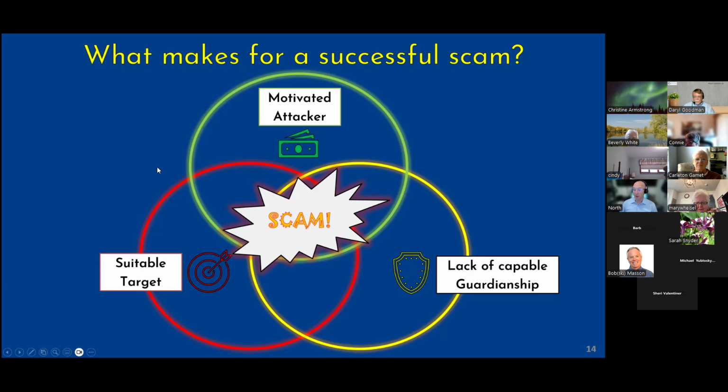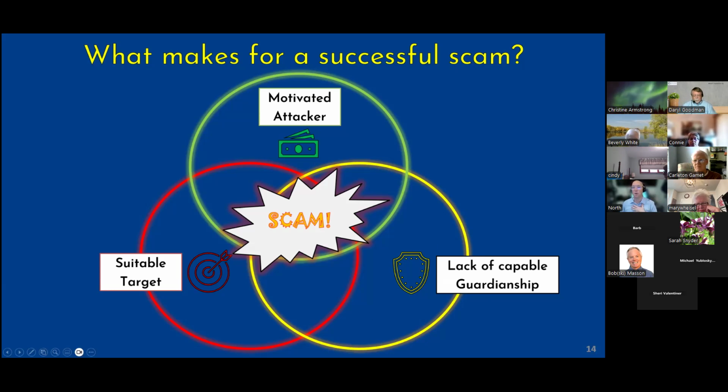So the things that we control are we a suitable target? There may or may not be something that we can control because we are a suitable target by no actions of our own. When we are involved in a data breach and our data is out there, we become suitable targets. So the one thing that we truly can control is capable guardianship.